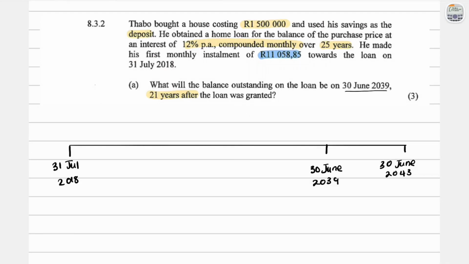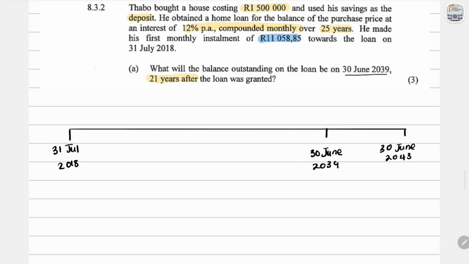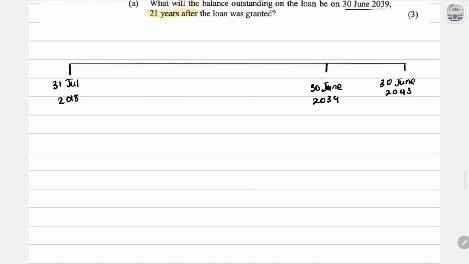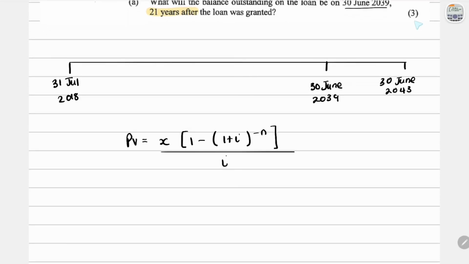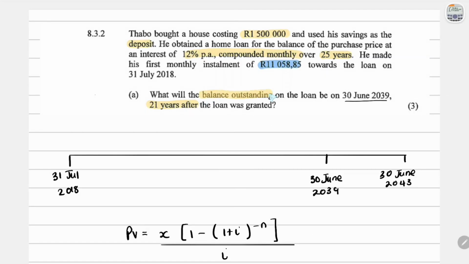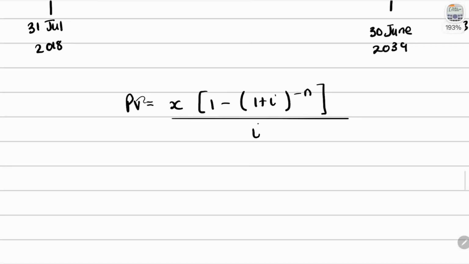Since this question is based on a loan, we are going to use the present value formula because we're trying to see the balance outstanding on the loan. The present value formula looks like this, and we're specifically trying to find out how much he owed after 21 years. This PV, the present value, will tell you how much you owe at different time intervals.